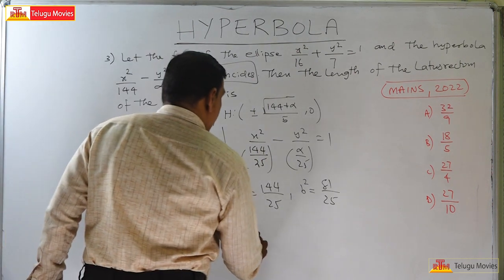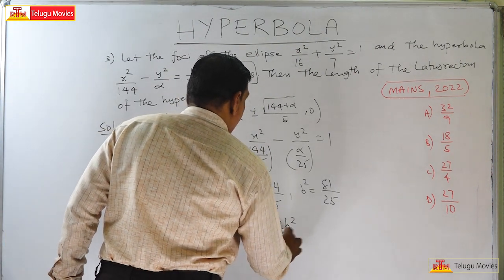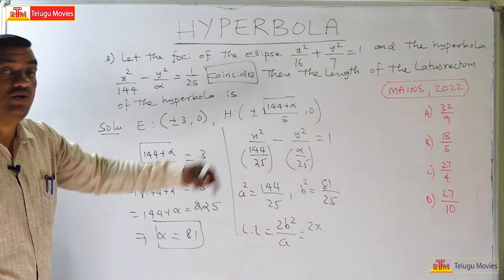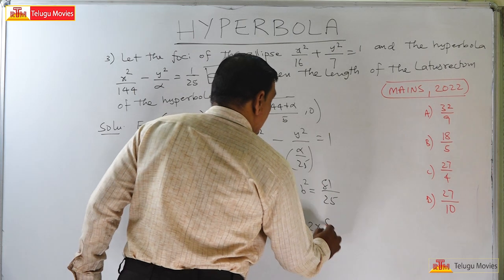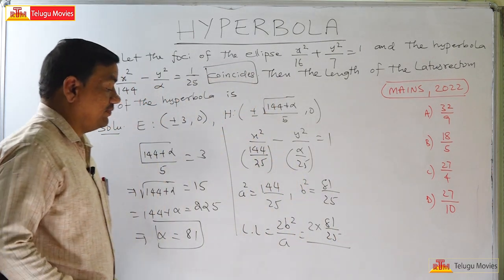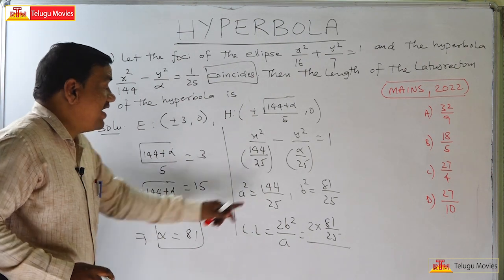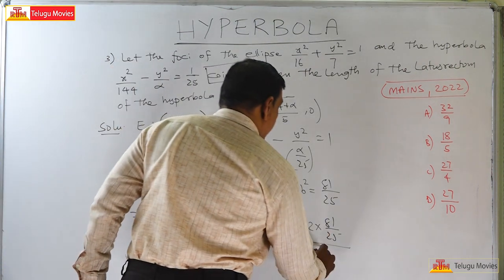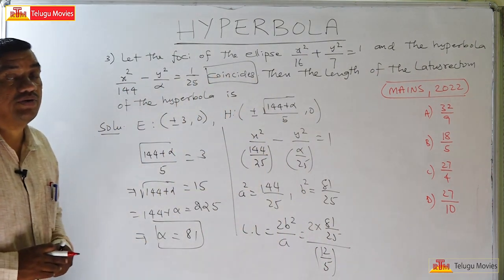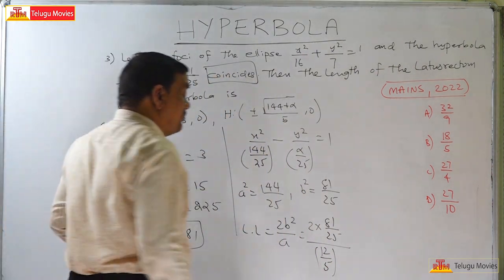Okay, so the length of the latus rectum is given by 2b square by a. 2 into the b square value, which is 81 by 25. What is our a value? 12 by 5. Why? Because here a square is 144 by 25, so a is 12 by 5. Any more cancellation?